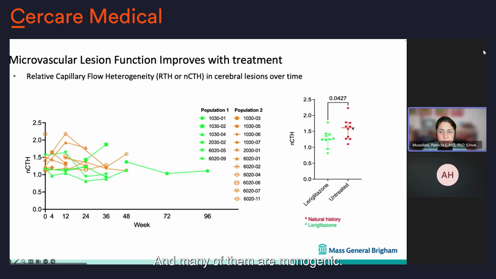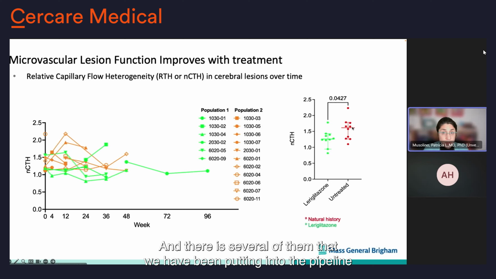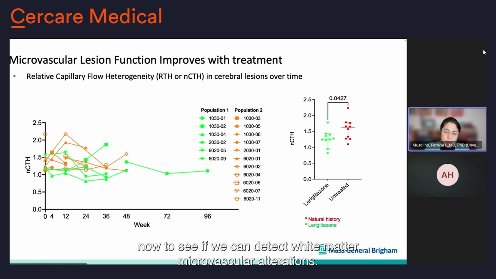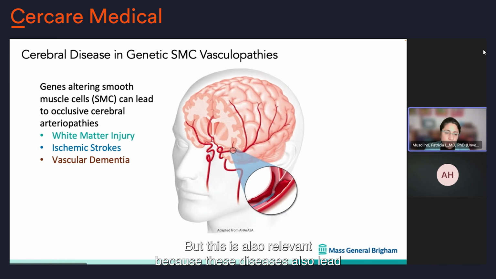Many of them are monogenic, and there are several of them that we have been putting into the pipeline now to see if we can detect white matter microvascular alterations. But this is also relevant because these diseases also lead to vasculopathies of larger arteries and stroke, and of course, a degenerative disease of the type of vascular dementia.